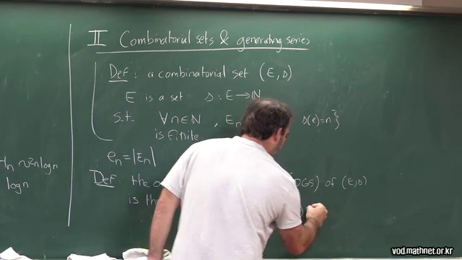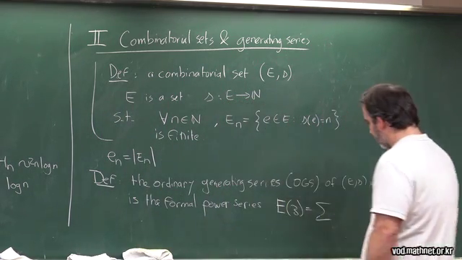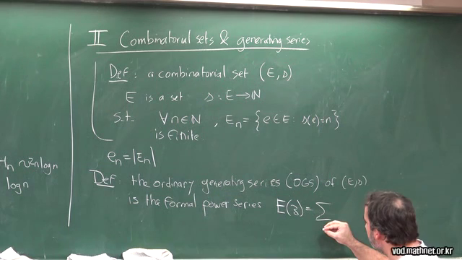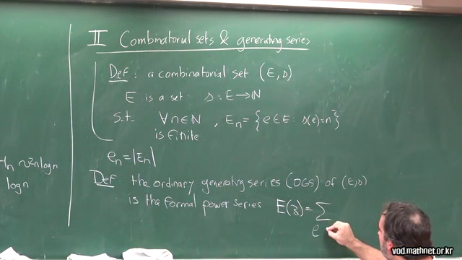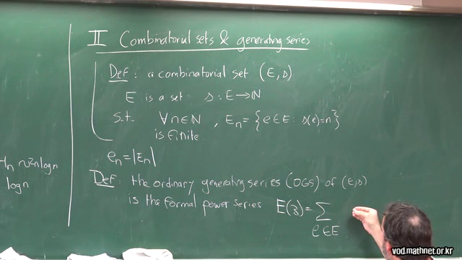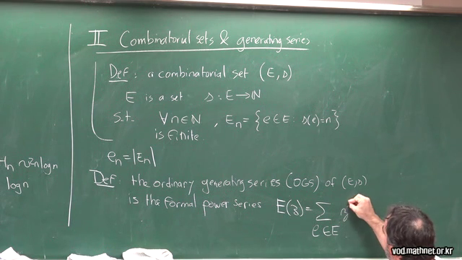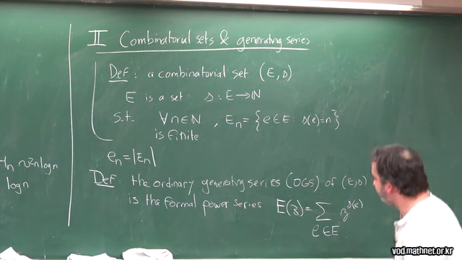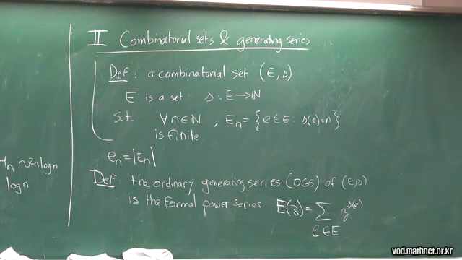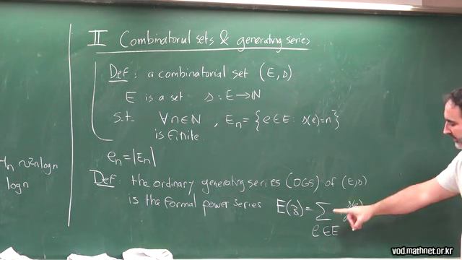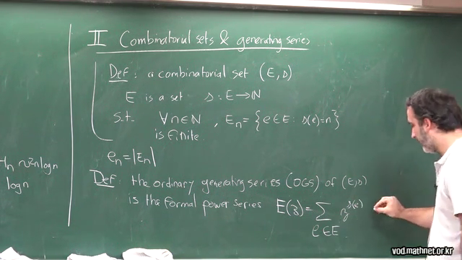E of z. Okay, so I will define it this way. You take all the elements of the set E, and you have a formal variable z. And you take z to the n every time you get an element of size n.